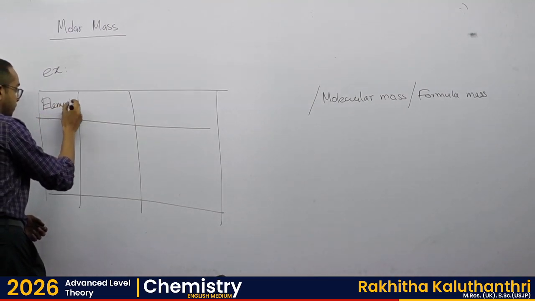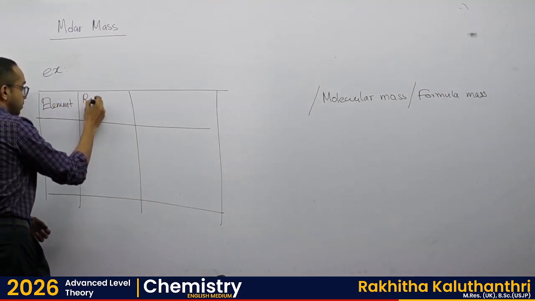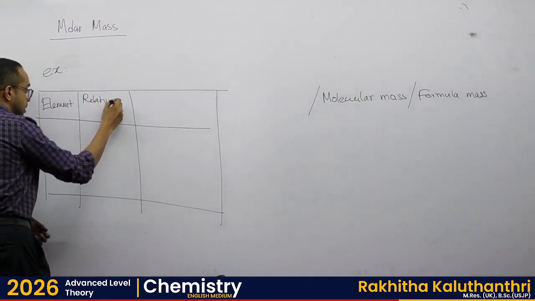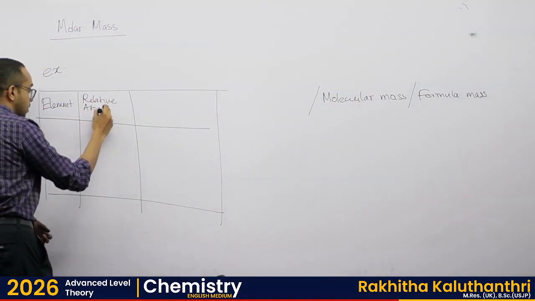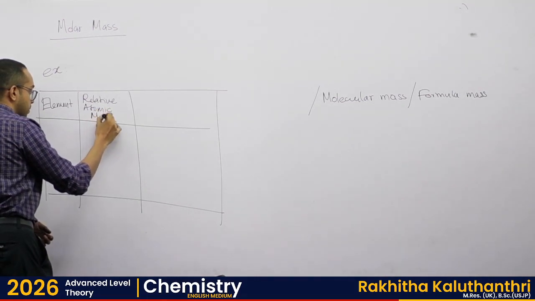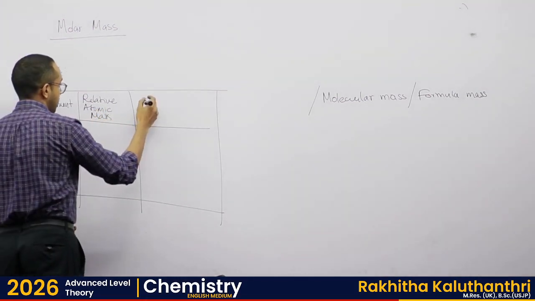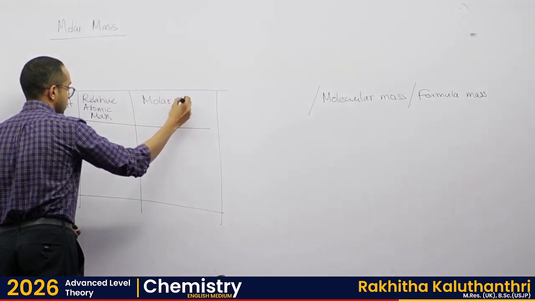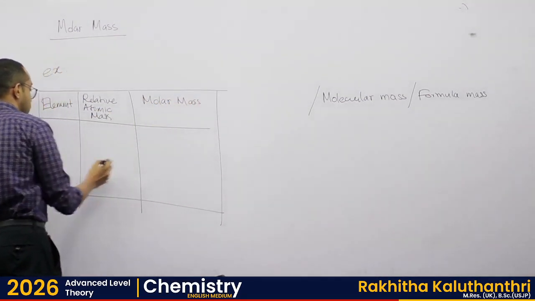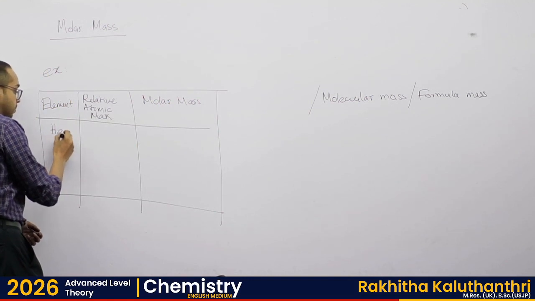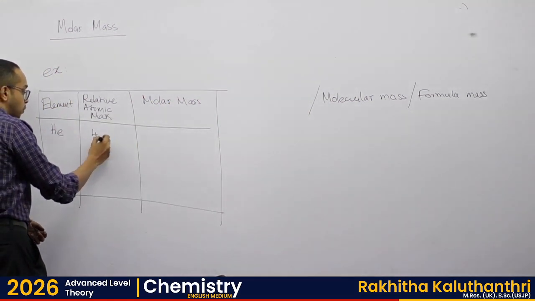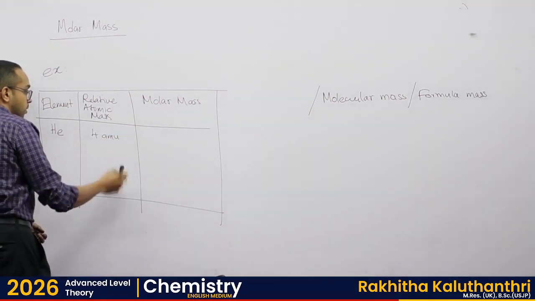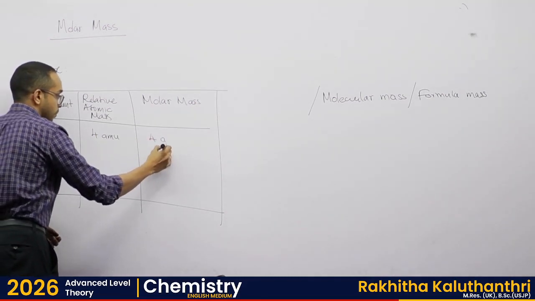Element, relative atomic mass, and here we have molar mass. So we'll start with something like helium. Helium's relative atomic mass is 4 AMU. Molar mass is 4 grams per mole.